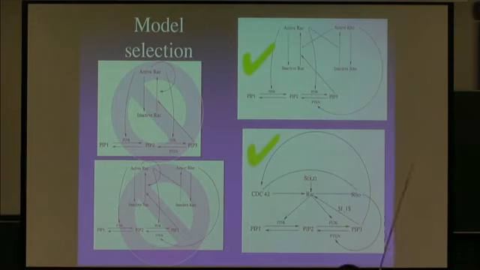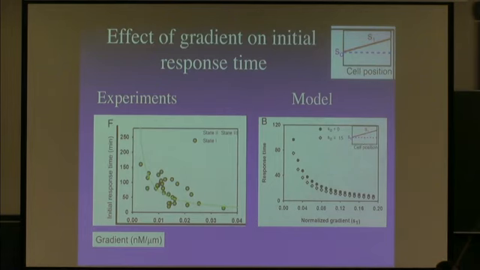Now let me show you what sort of quantification was used to weed out some of the models. So for example, the effect of the gradient on the initial response time.